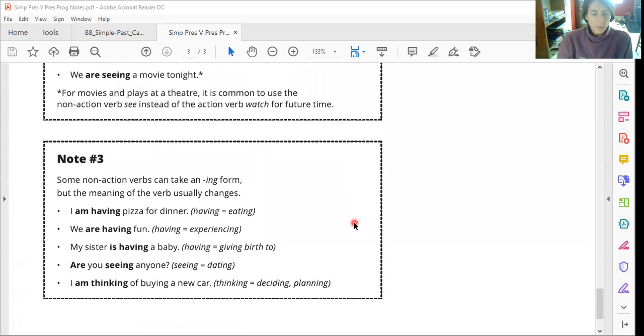And note 3. Some non-action verbs can take an ing form some of the time, but the meaning of the verb usually changes. And a common example of this is the verb have. I am having pizza for dinner.